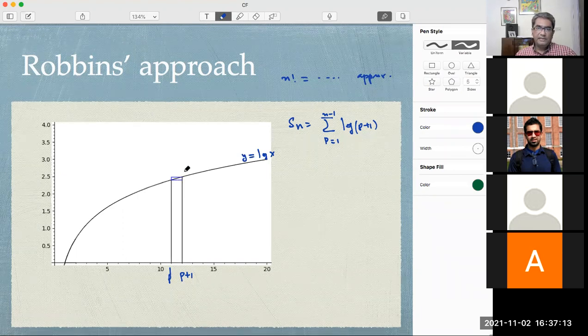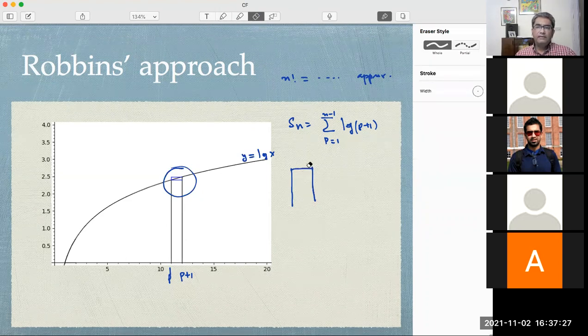What Robbins does is, let me expand this chart. So this looks like this.